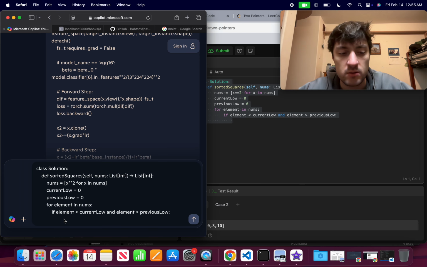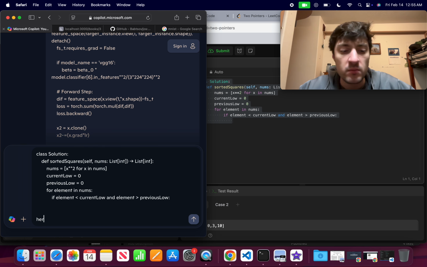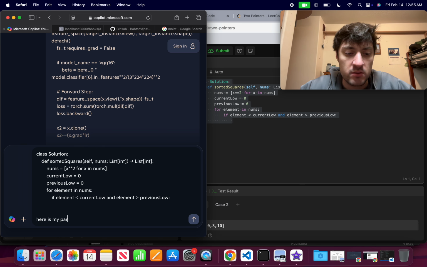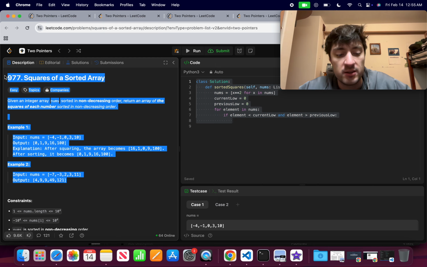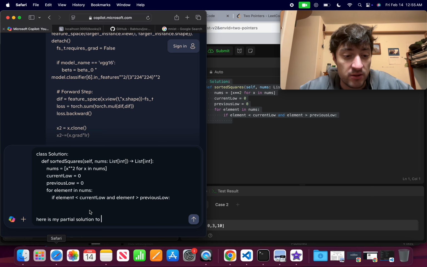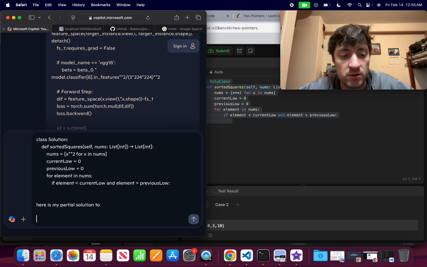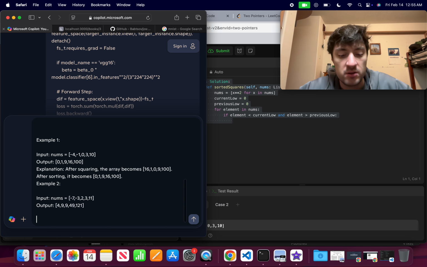Let's see. Here is my partial solution. Let's see if ChatGPT can understand what I'm trying to do, because I can't even understand what I'm trying to do. So, can you understand what I am attempting to do?